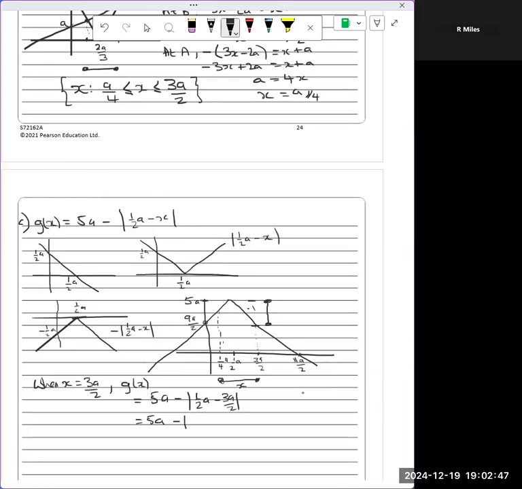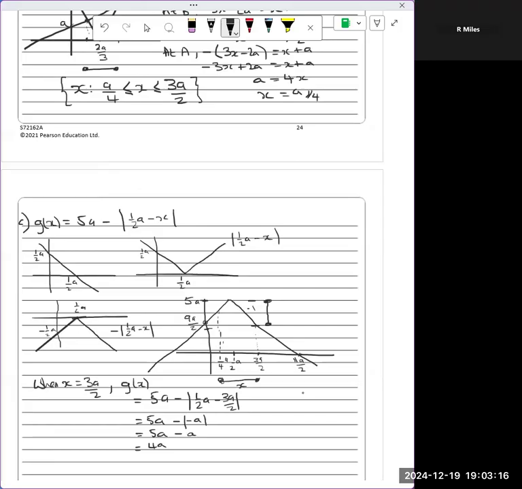So it's the modulus of minus a. Be careful here. That is 5a minus the modulus of minus a, which is a. Just ignore the minus. So that is 4a. So that makes some sense. Although my diagram's not very good, actually it's not too bad. This value here is 4a, which is actually just less than that.